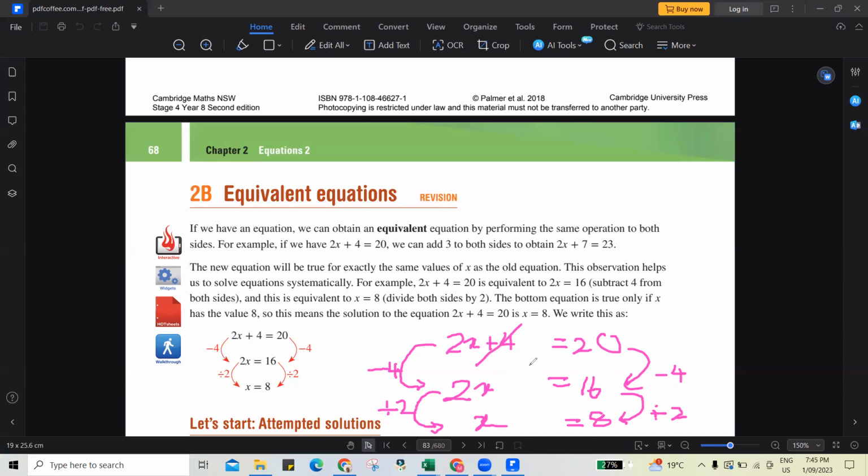Do you have any questions about this? Anything not clear? So for 2x plus 4 equals 20, the way you get minus 4, yeah, because I want to take this one out. Plus 4, I take minus 4.